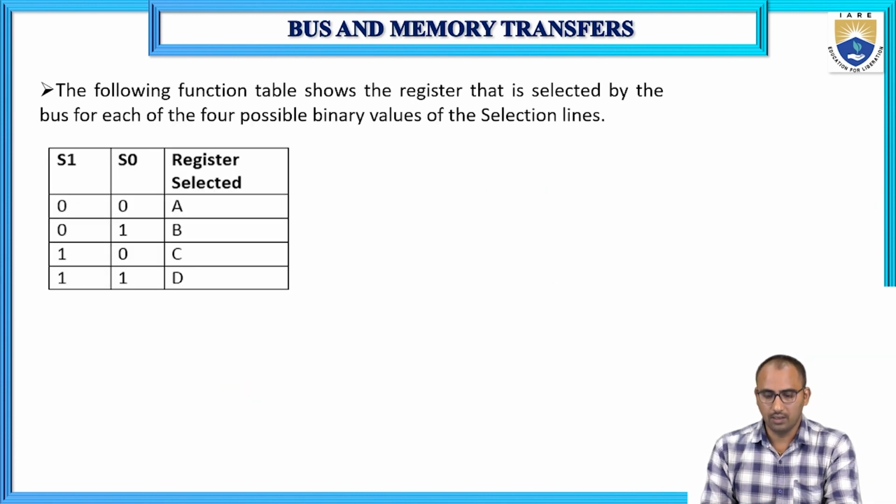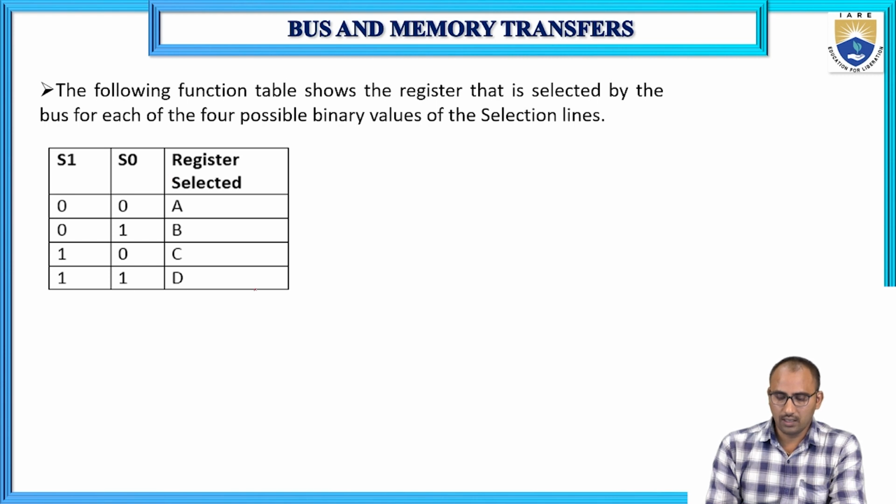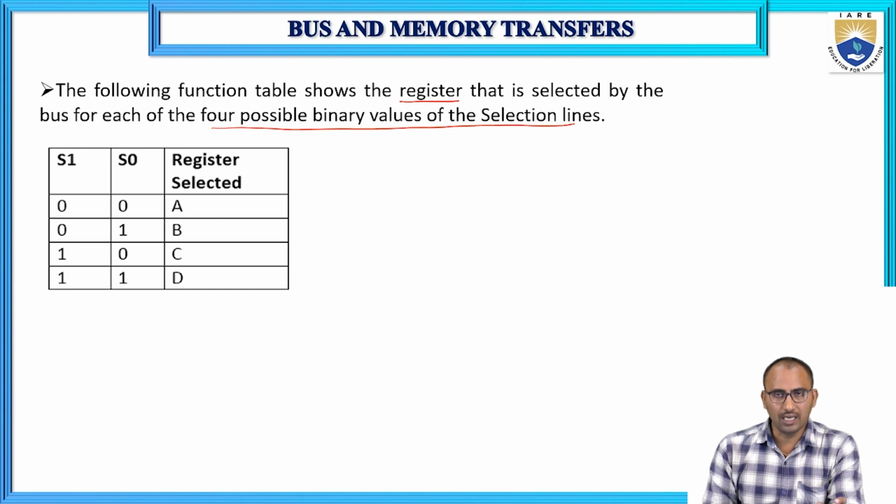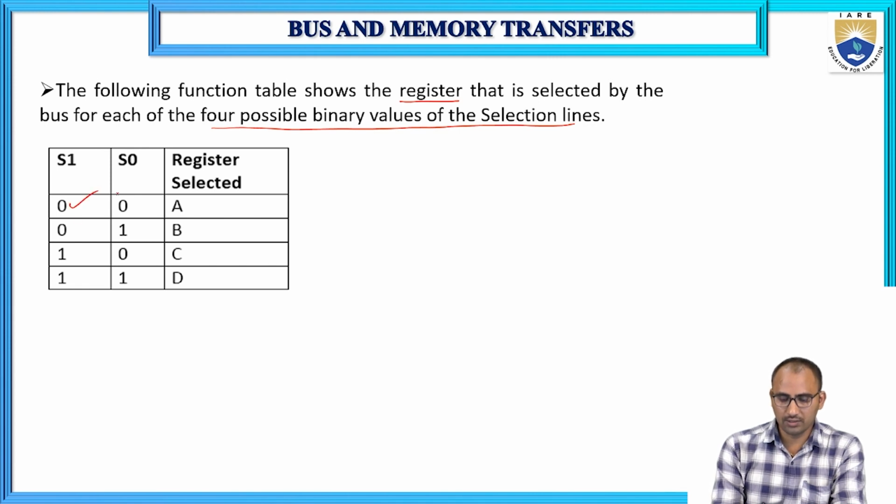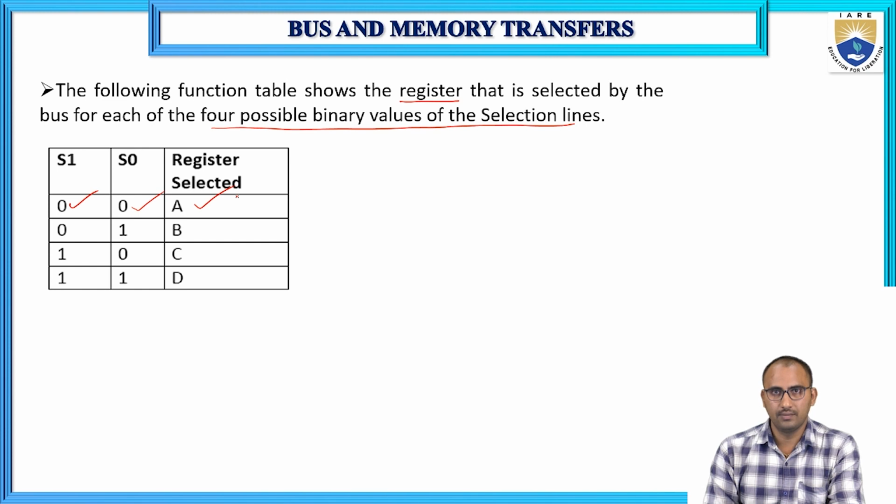Okay, so see here. This is the following functional table. It shows the register that is selected by the bus for each of the 4 possible binary values of the selection lines. So already we know, based on the selection lines only, the particular register will be selected. When both selection lines are 0 0, register A is selected.